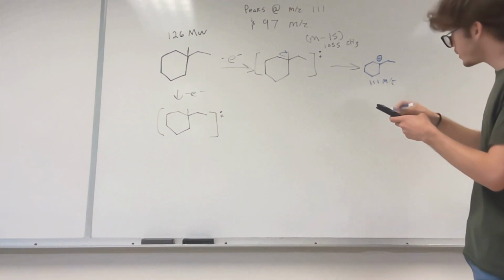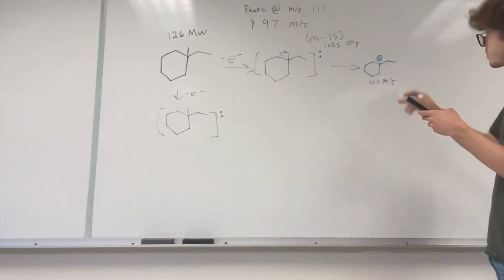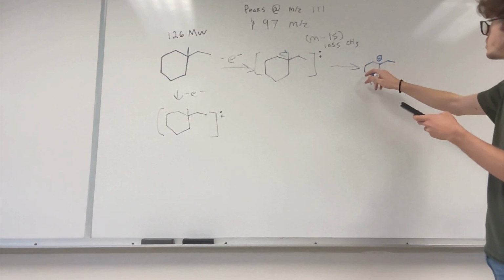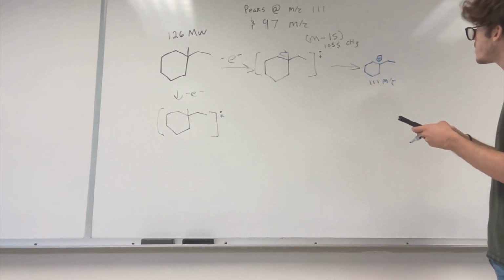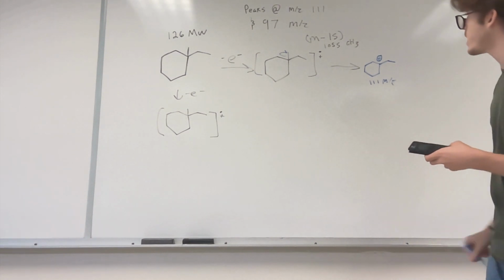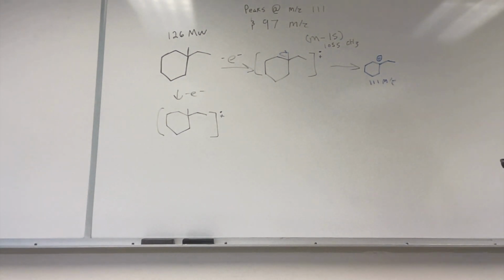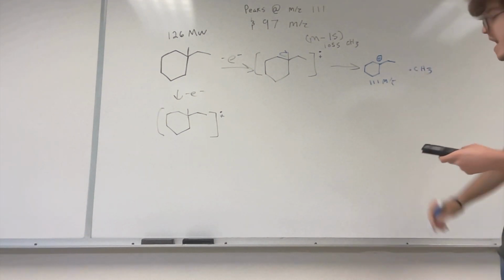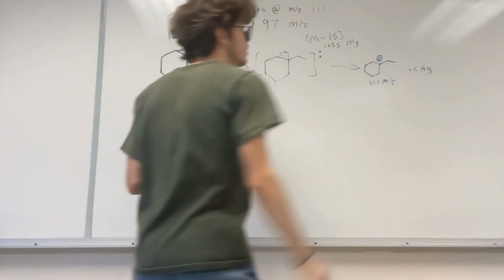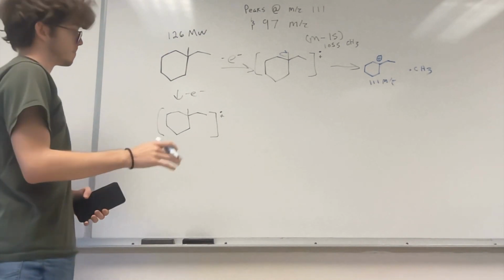Add up all the hydrogens, 3 on the end there, then 2, 2, 2, 2, 2. Let's add that up, and we get to 111 m over z. So that is how we make that fragment, and we get a methyl radical. That's the leaving part that makes it a difference of M minus 15.